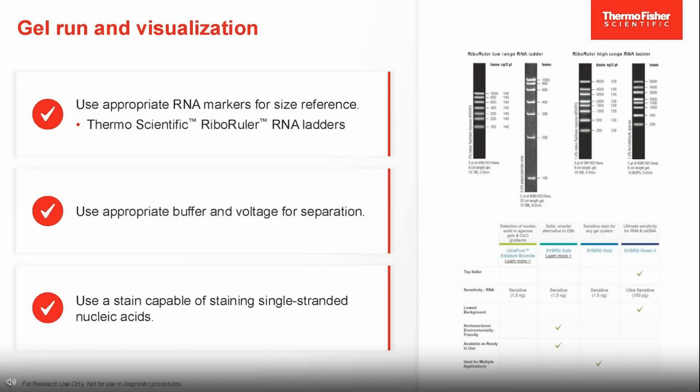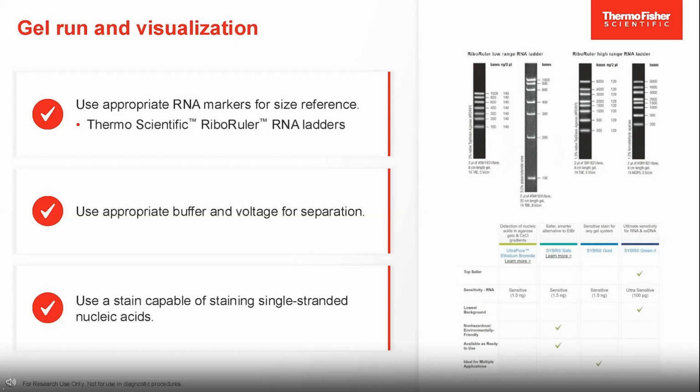Finally, within the traditional workflow, before starting your run, you also have to decide on the RNA marker that you would like to use, because you cannot use a DNA marker, because DNA markers are double-stranded and they migrate very differently from RNA markers.